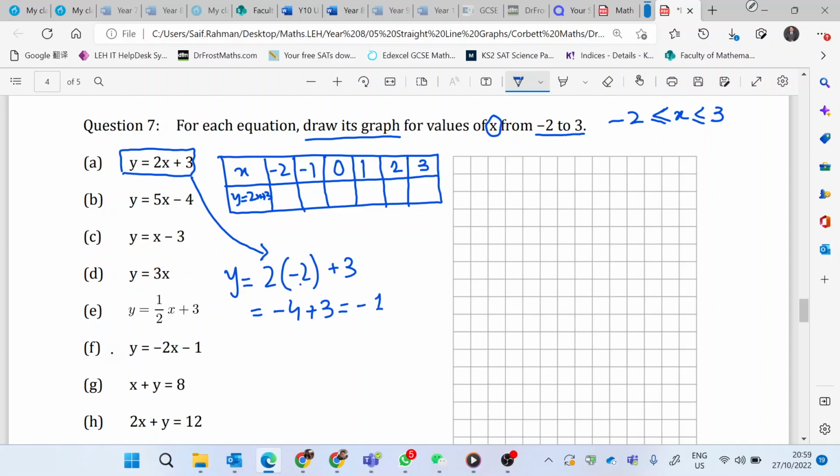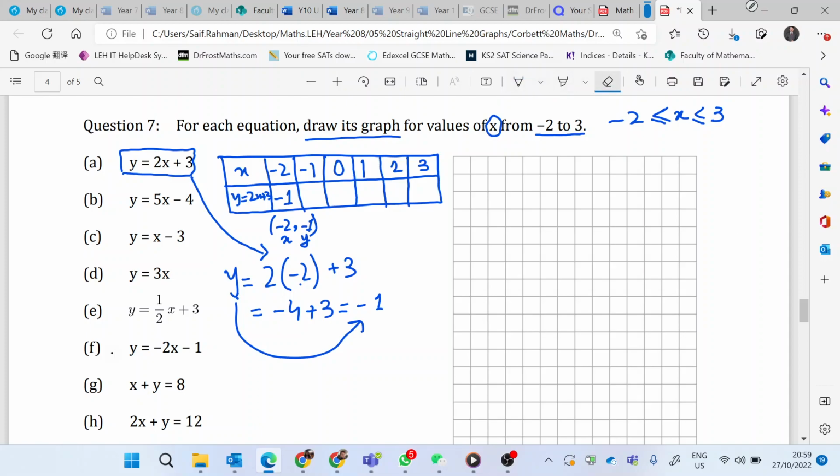So when x is -2, y is -1. So we write -1 here, the value of y, and the coordinates will be -2, comma, -1. These two are the x and y coordinates on our graph. This is an x coordinate and this is a y coordinate, right?